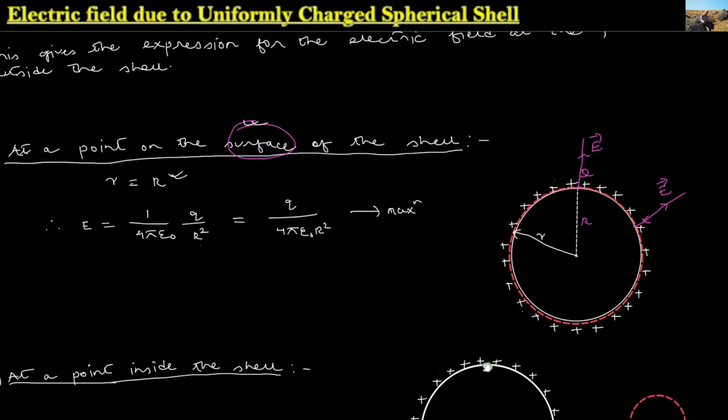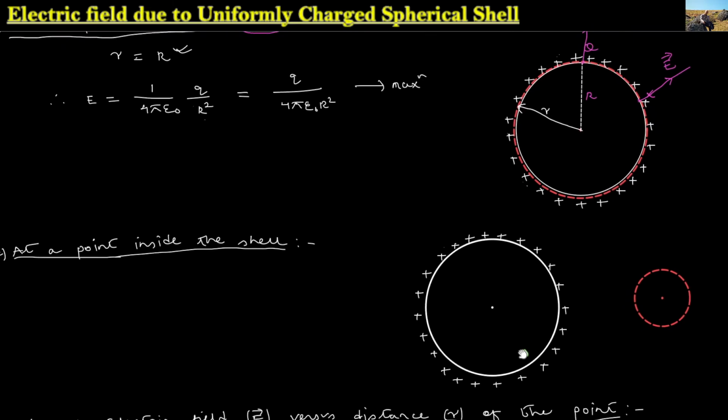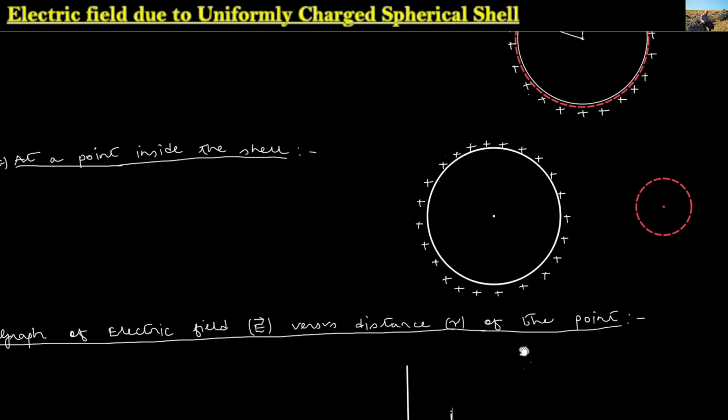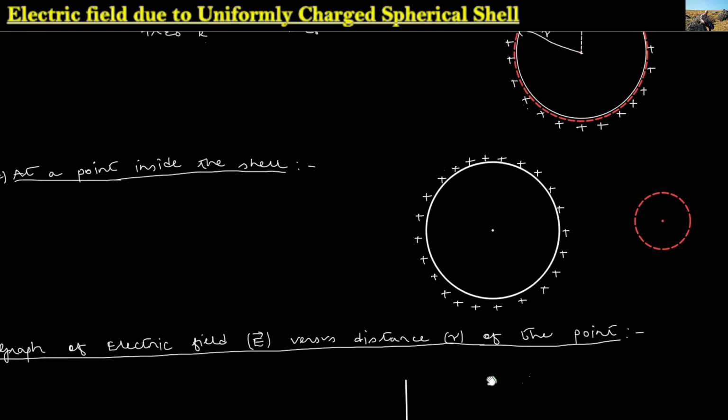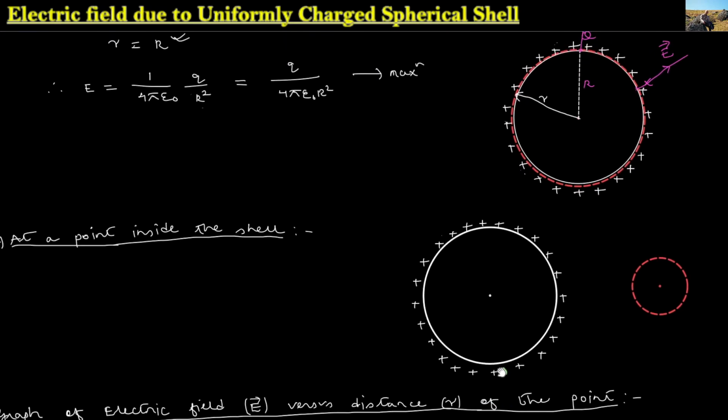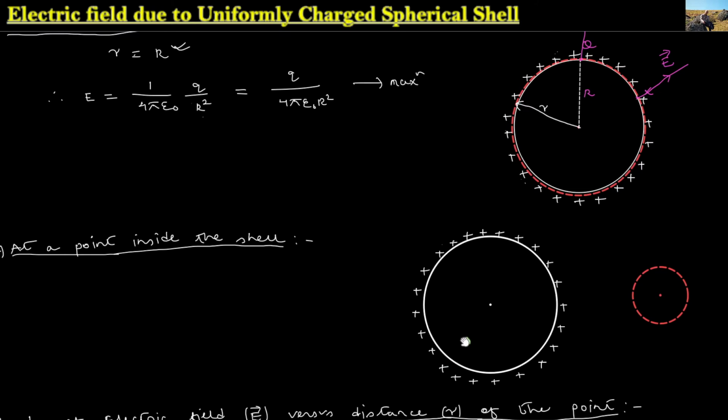Then we will choose a point which is inside the shell. So if I take any point, suppose I take this point which is inside the spherical shell, for any point considered, you have to always construct a surface across it.